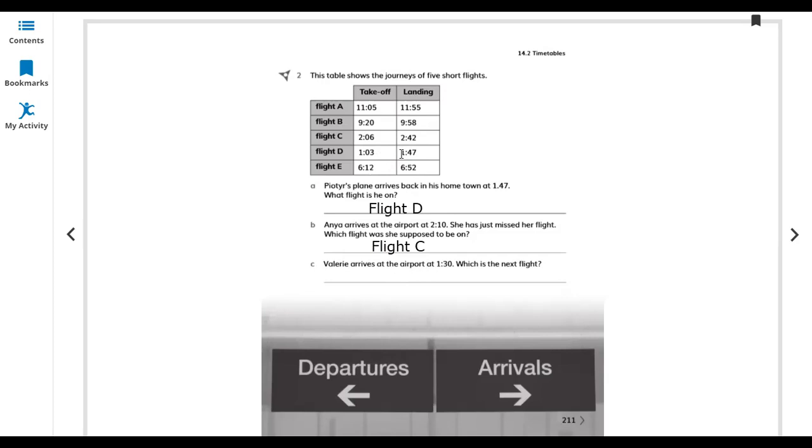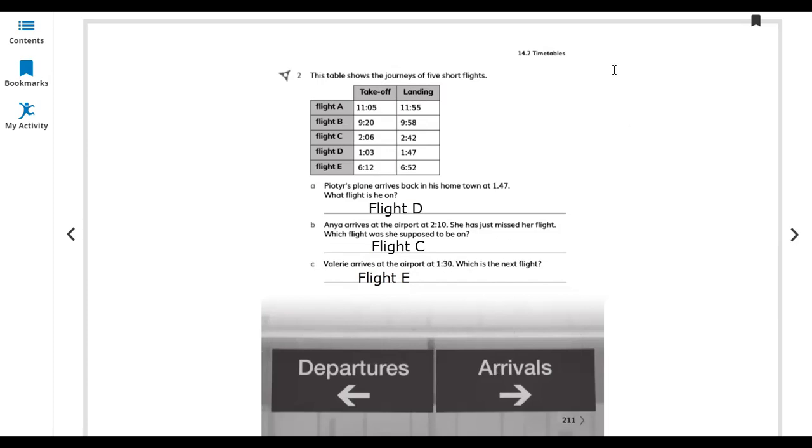This one is nearest, 1:47, then 1:30. It means he arrives at the airport at 1:30. So there is this flight, obviously it's gone. The next flight is flight E. Departure, takeoff, and landing arrives.